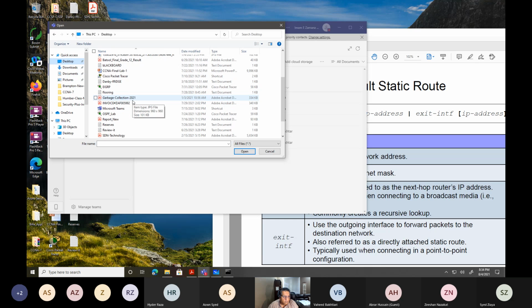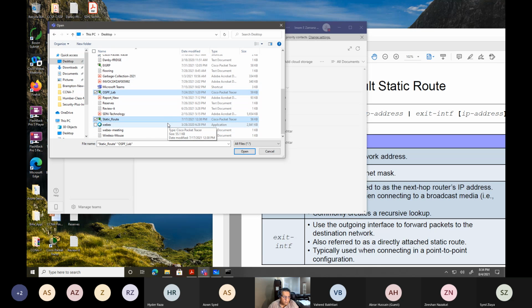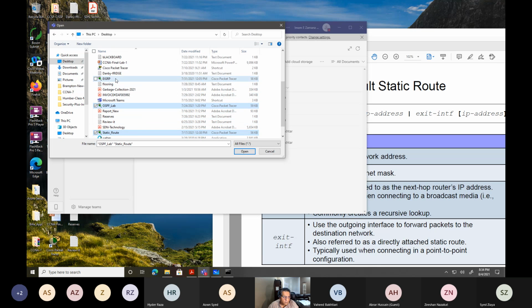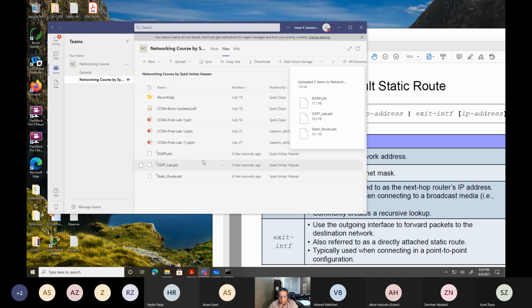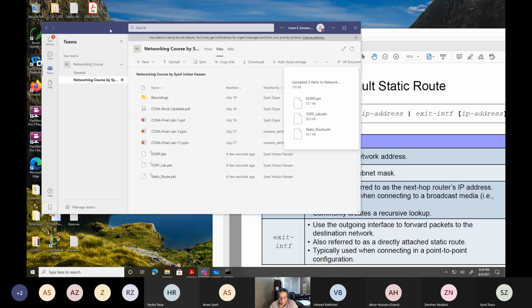Okay, that's OSPF. Let me see if I can add more. Control static, then I have EIGRP open. Uploaded. Thank you, my friend. Please make sure you download the packet tracer also, right? Well, I have already. Perfect.